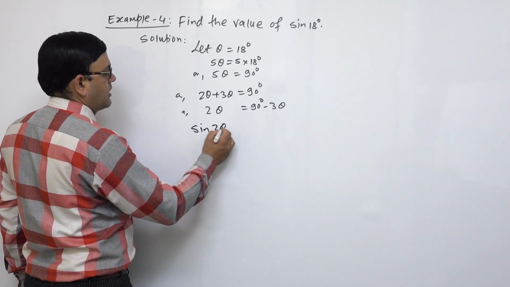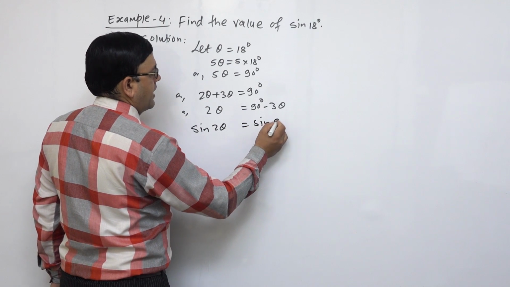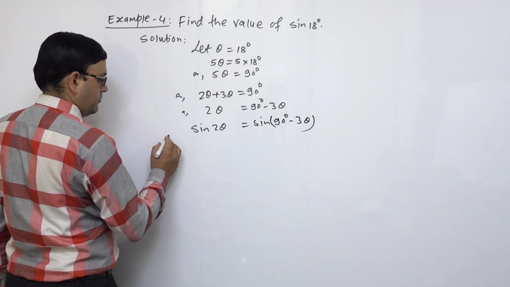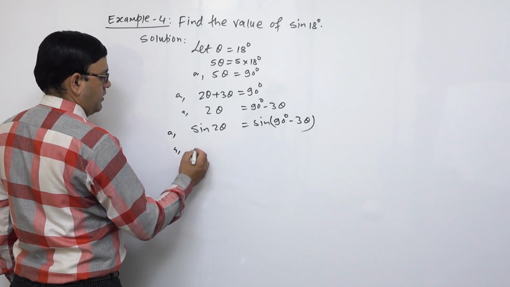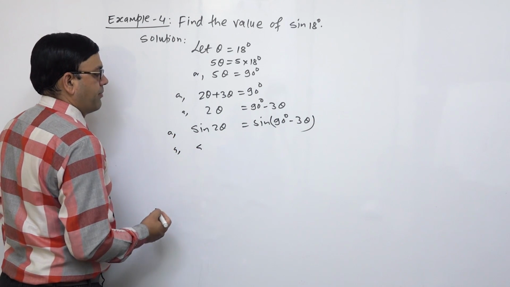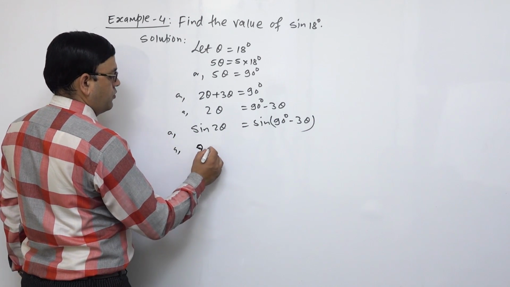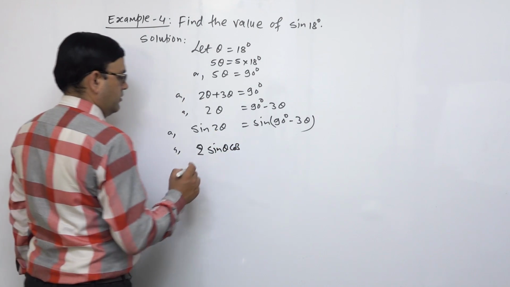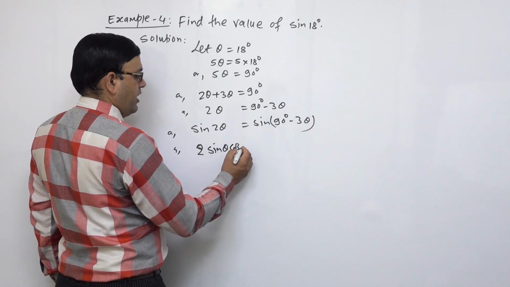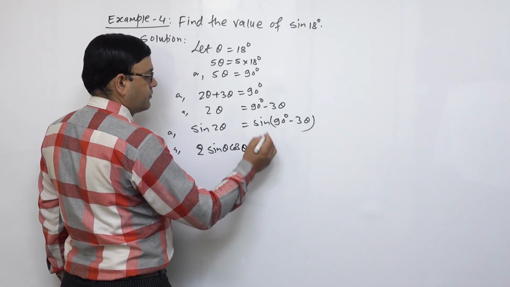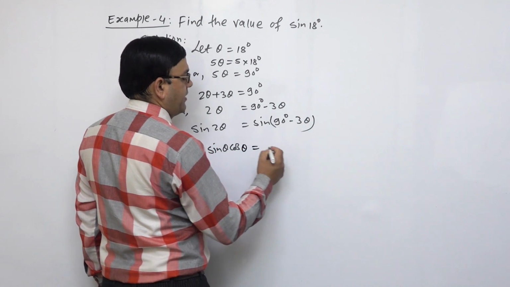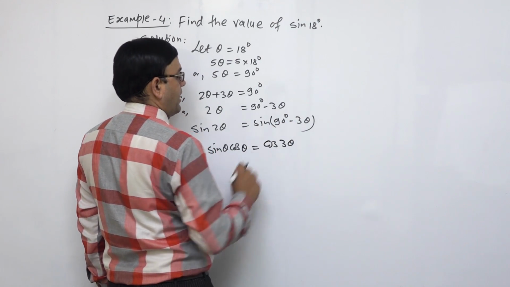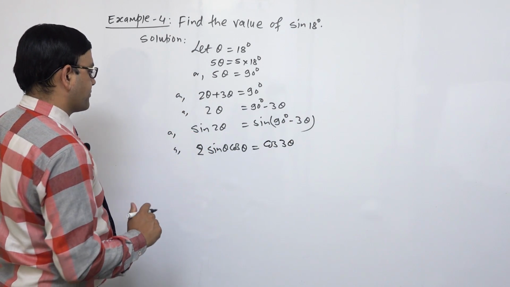So sine 2 theta is equal to sine of 90 degree minus 3 theta. The formula of sine 2a is 2 sine a cos a. Similarly, sine of 90 degree minus a is cos a, that is cos 3 theta.